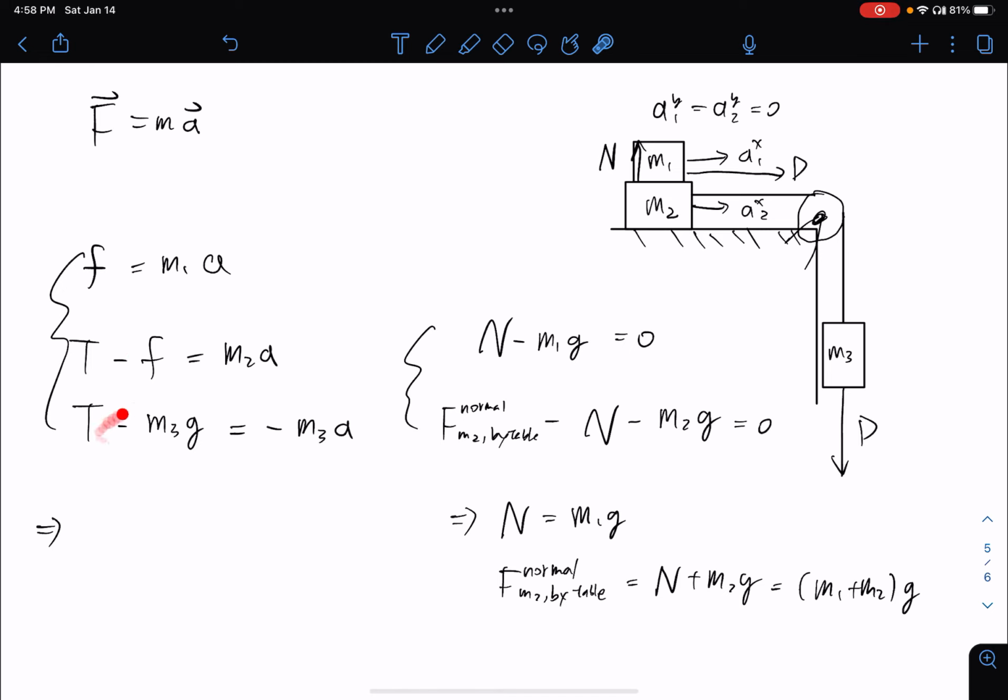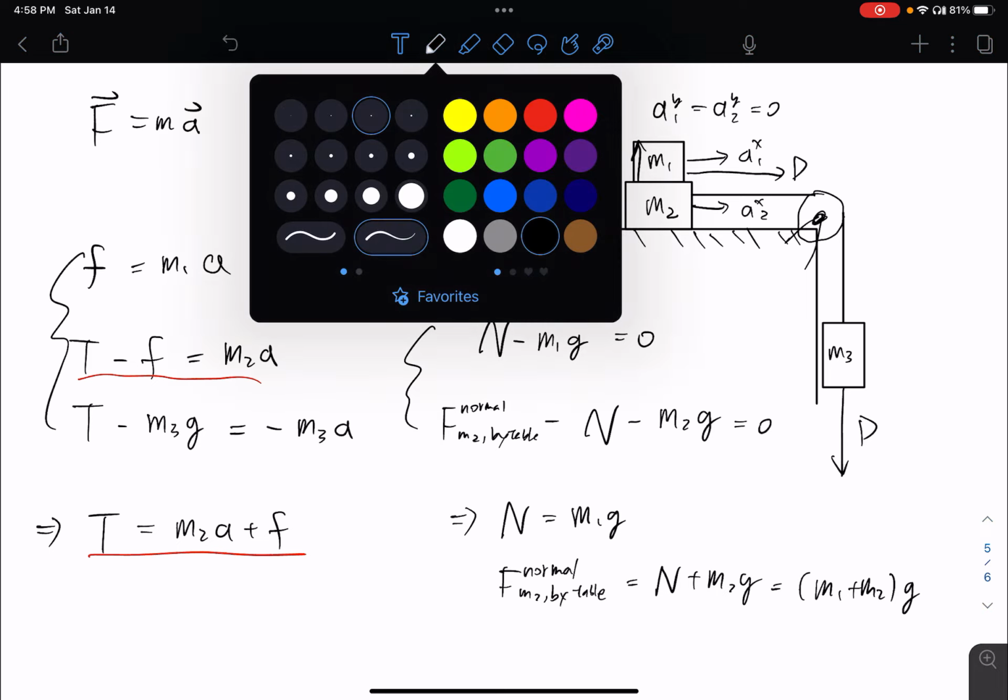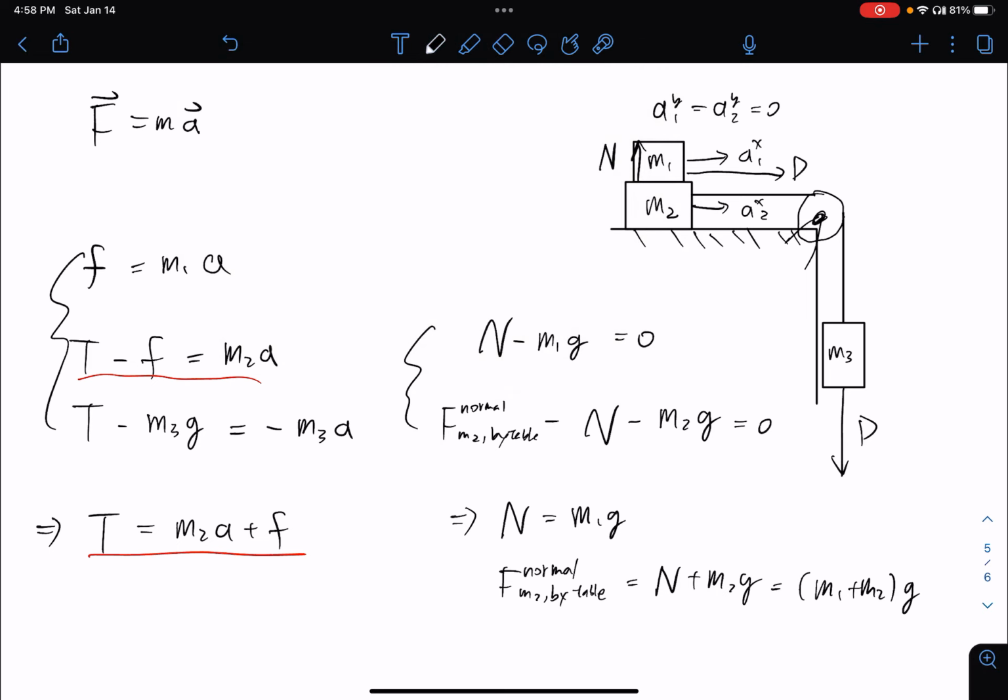Let's combine these two. The second one tells me that T equals m2a plus f. This is the second equation, so I can plug it into the third equation and get m2a plus f minus m3g equals minus m3a.